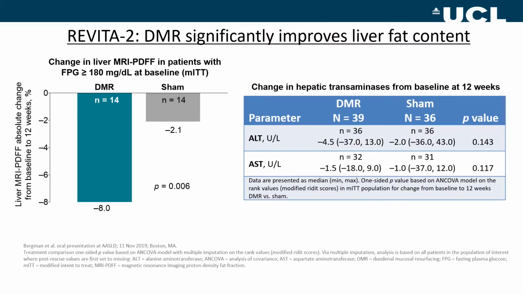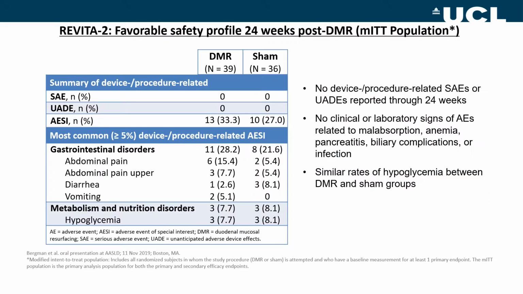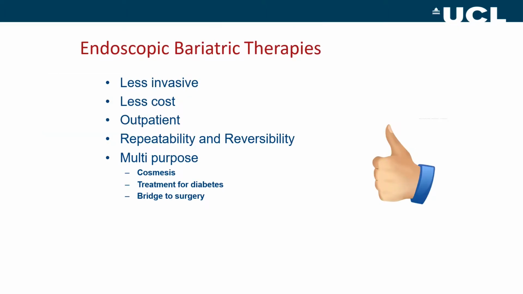And here is a graph showing the mean reduction in both ALT and AST. And this was seen to be sustained at 24 weeks. And so really paving the way for a minimally invasive endoscopic intervention for type 2 diabetes and fatty liver disease.